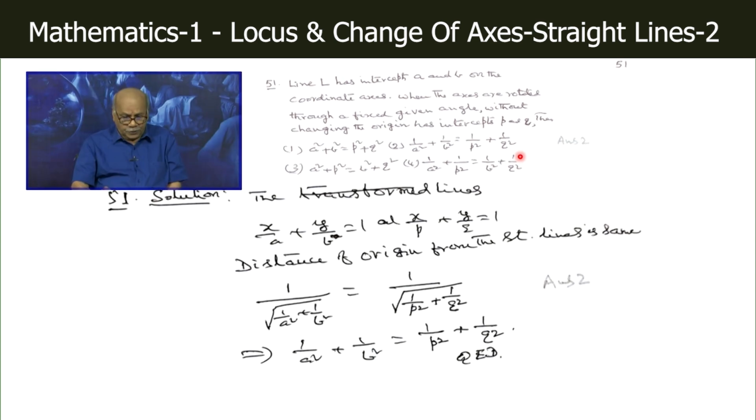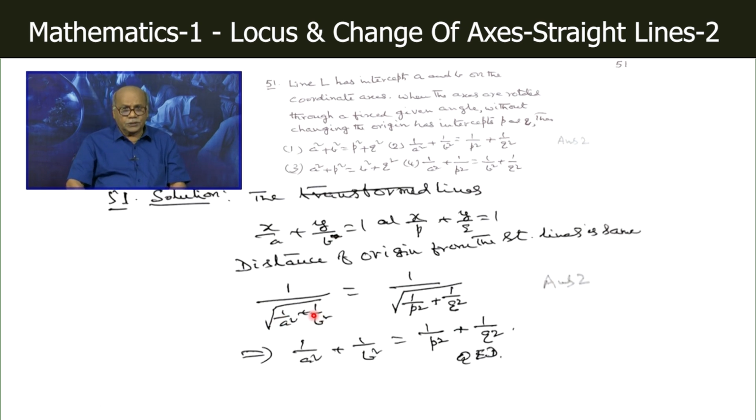Now you know that the equations of the same line in two different positions are simply x by A plus y by B is equal to 1 and x by P plus y by Q is equal to 1. And whatever be the equation of the same line, the distance of the origin from the line is always constant. It will not change. So the distance of the origin from the first line x by A plus y by B is equal to 1 is 1 by square root of (1 by A square plus 1 by B square).